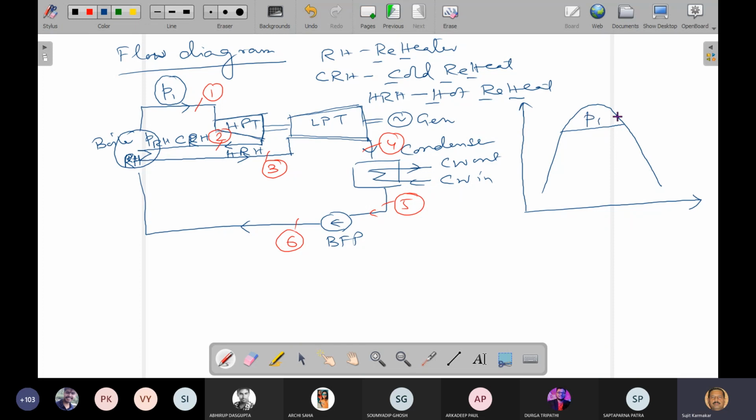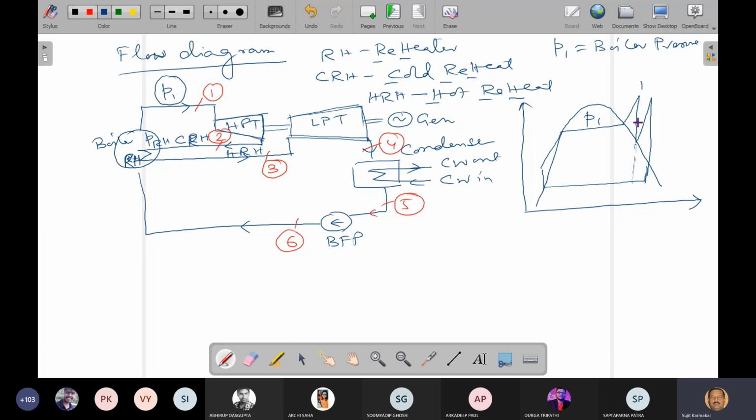So P1 is the boiler pressure, and in this case it will be expanded, then again it will be heated. If you expand this one, it will come here. But if you do the reheating, the dryness fraction is improved.